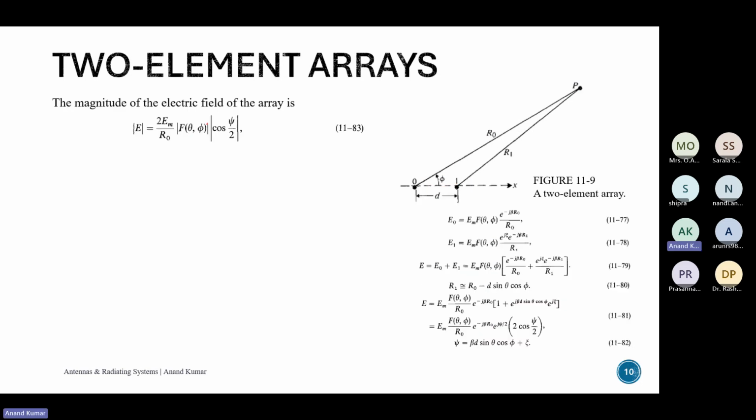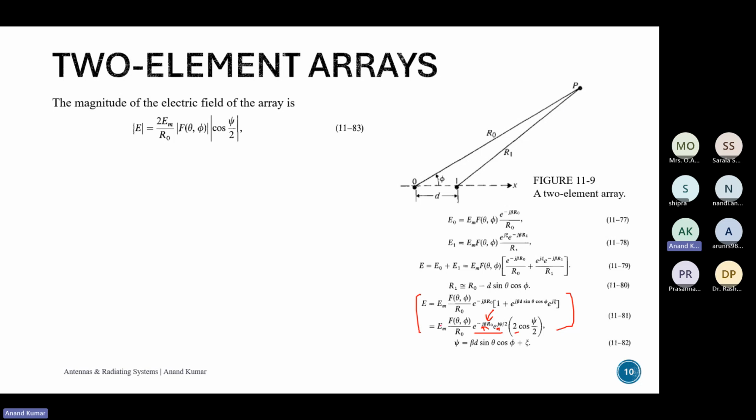So if we take the magnitude of this term, these terms do not contribute, the magnitude is 1, because they are complex terms with j over here.